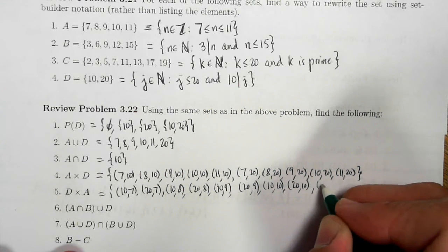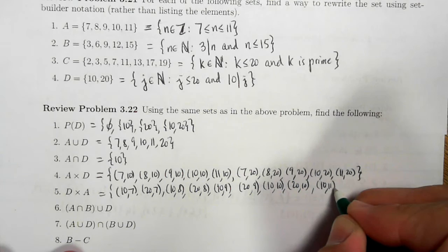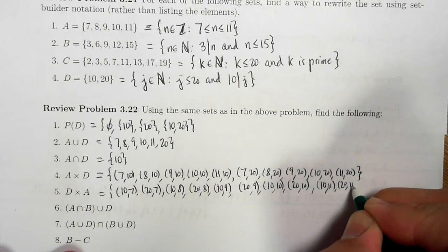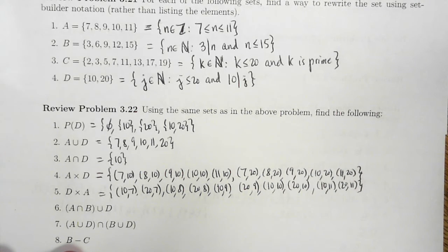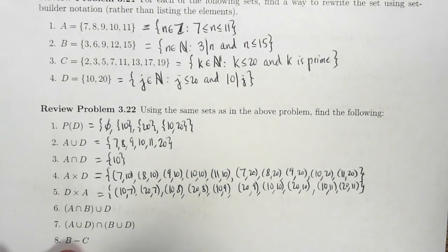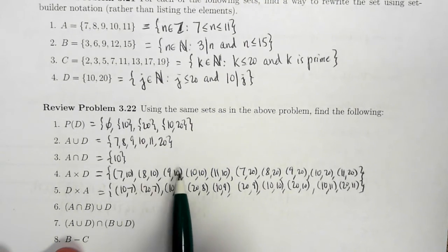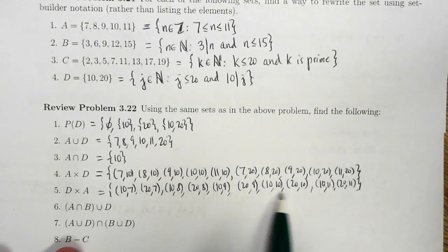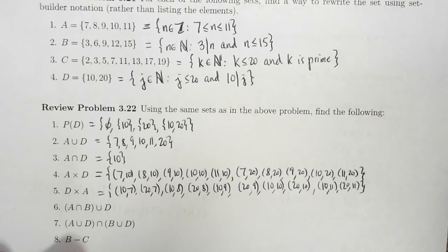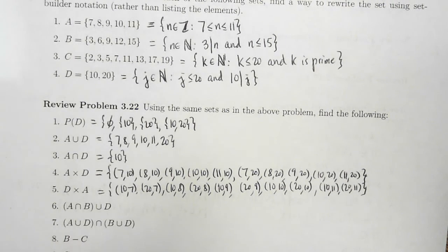And then finally (10, 11), (20, 11). And so that would be the Cartesian product D cross A. It would have been perfectly acceptable just to flip these: (10, 7), (10, 8), (10, 9), (10, 10), (10, 11), and I would produce the exact same list that's written out here, just in a different order, and as we've already established, the order does not matter.